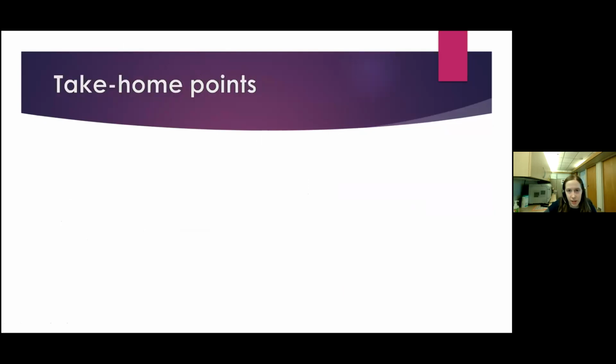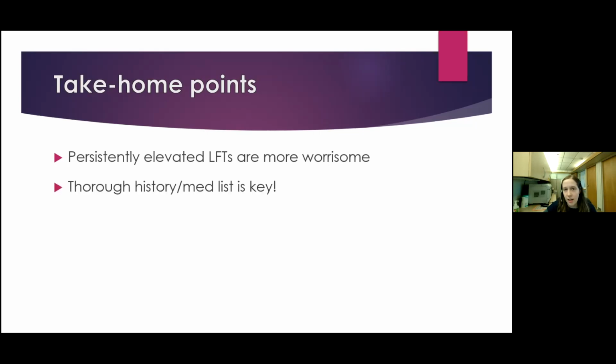So at this point, I want to just summarize some of the take-home points from our talk today. Really to call attention to that persistent elevations in the LFTs are more worrisome. And that's both with the AST, ALT as well as the ALK phos, that getting a really thorough history, thorough med list is key here, not only from the standpoint of current medications, but medications that they may have been on in the past few months, but have stopped, because you can see the effects of supplements, medications for several months on the liver.